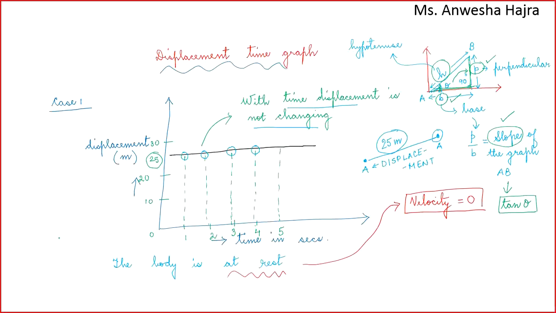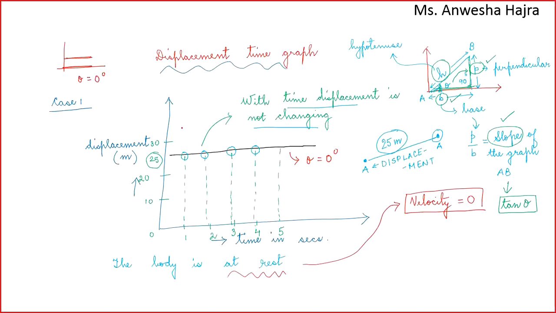Now in this figure, this line is not making any angle. Here theta is 0. It is parallel to the x-axis. Say you have a graph like this. It is parallel to the x-axis. So it is not making any angle with the x-axis. So these type of graph we can take theta as 0 degree.